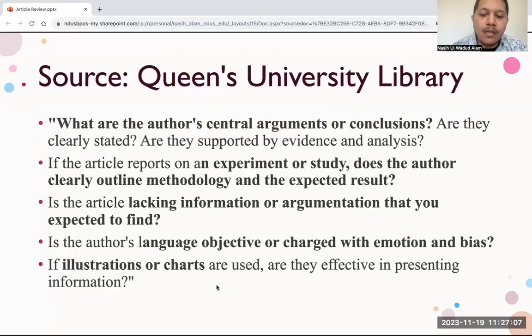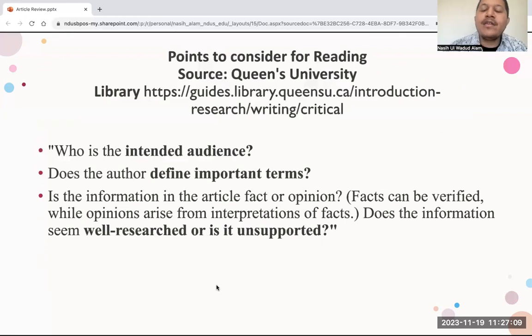While reading the article, you need to know who the intended audience is. Sometimes an article is written for other scholars, sometimes for common people. A newspaper article is for common people, while a scholarly article may be for scholars.